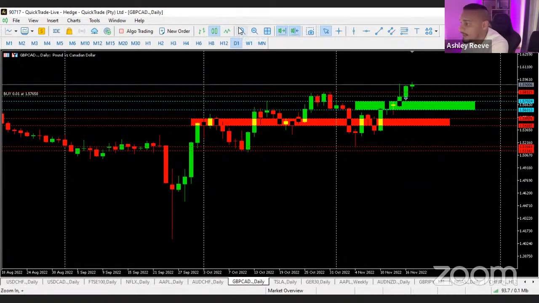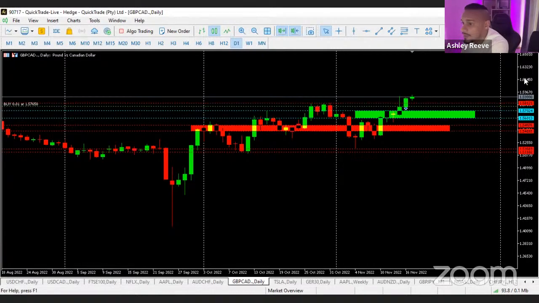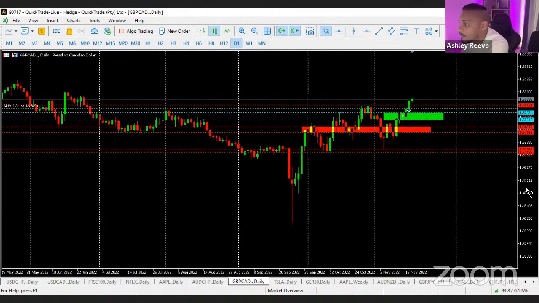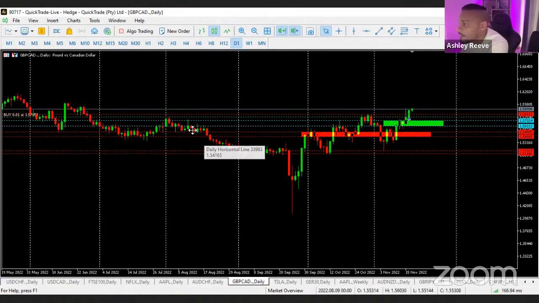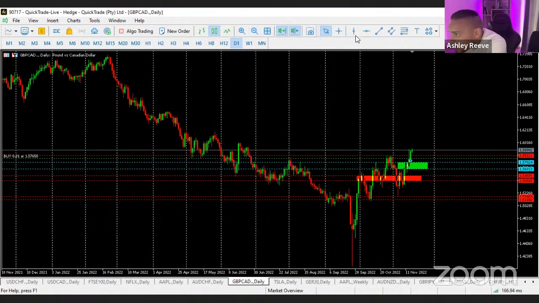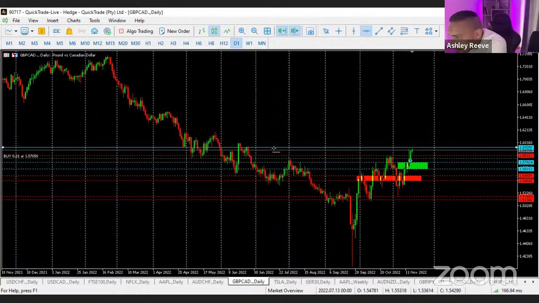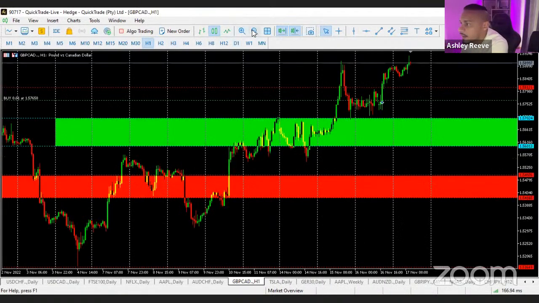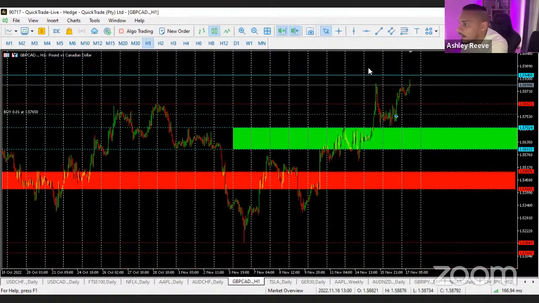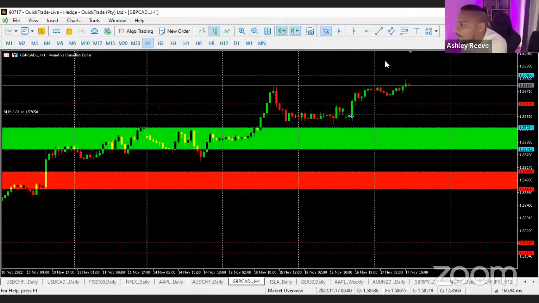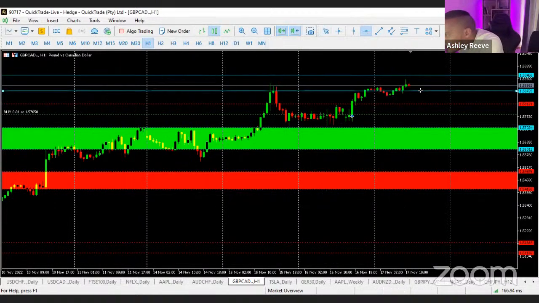GBP CAD. Hey, this is a very interesting one, you guys. Above 1.558, going up to this box here. Let's not get in now.